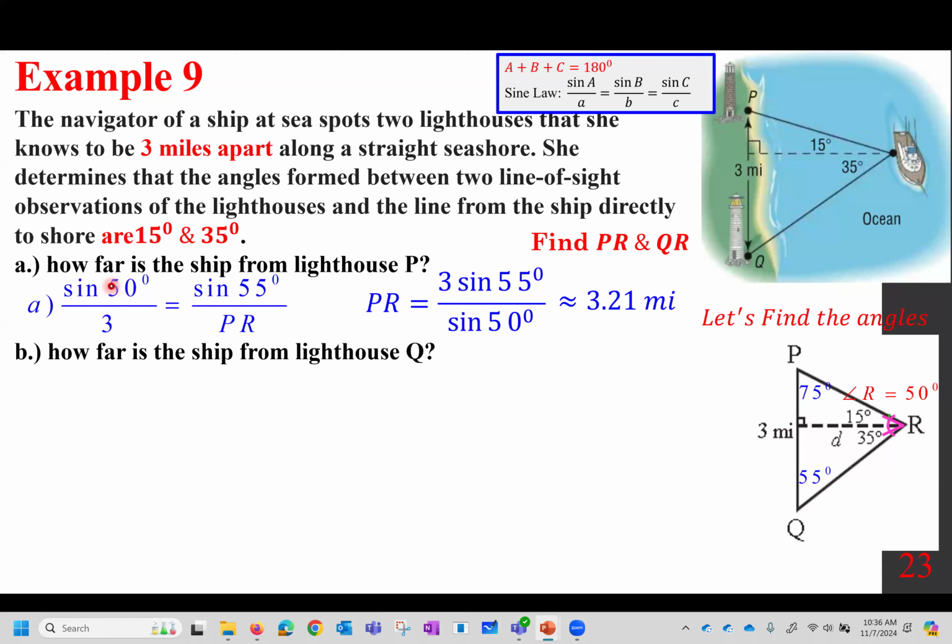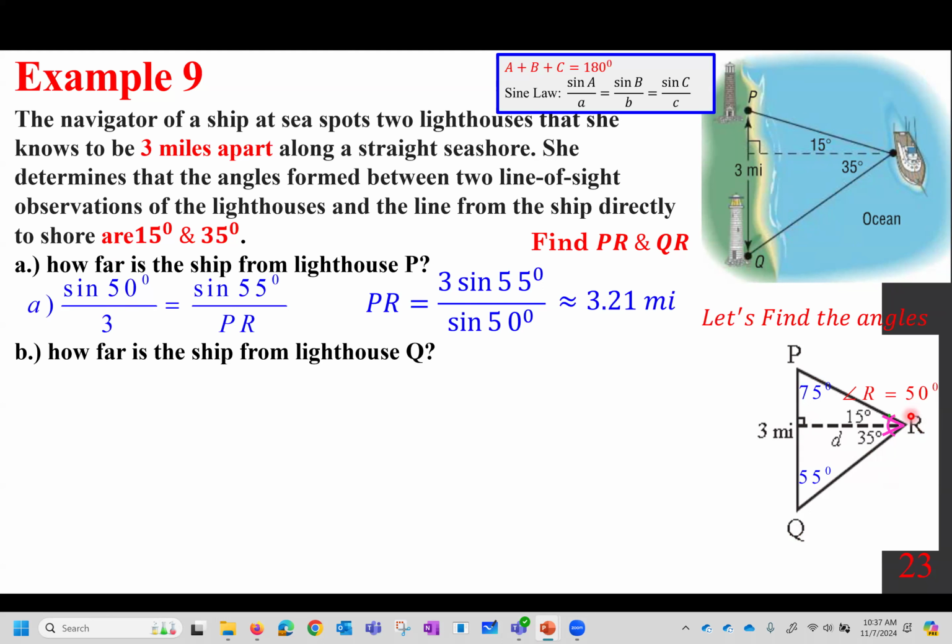Quick recap. These two angles are given. We find every other angle, including the sum of these two. And in the big picture, one side is needed, it's given. We have all the angles. The sine law gives us the other sides. Now, what are we looking for? This side, QR. So we're going to use again sine of 50 over 3.